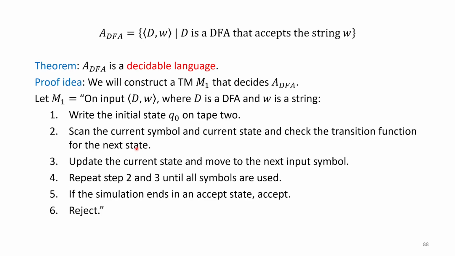Given what that next state should be, we're going to update the current state on tape 2 so that it now indicates that we're in that next state, and then move our tape head over to the next symbol of the input so that we're scanning the second symbol.